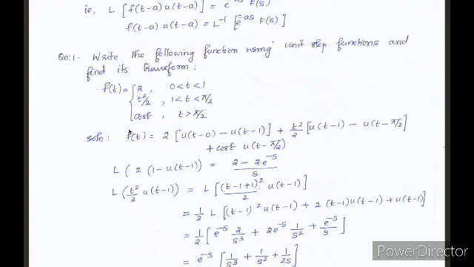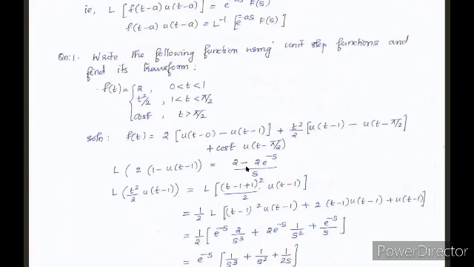Now the Laplace transform of f of t. So Laplace transform of f of t equal to the Laplace transform of the entire function. So for that, we'll find the Laplace transform of each term, 1, 2, and 3. Now Laplace transform of the first term, 2 into u of t minus 0 minus u of t minus 1, which is equal to Laplace transform of 2 into u of t minus 0.